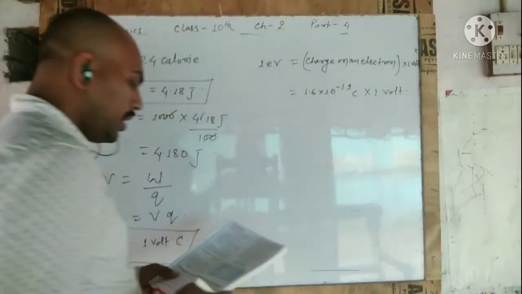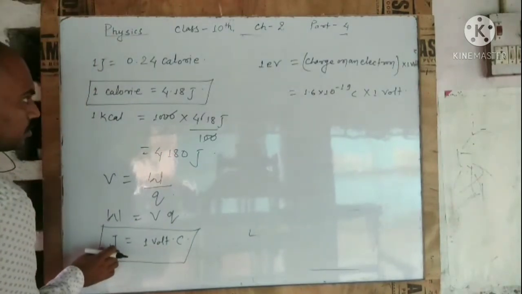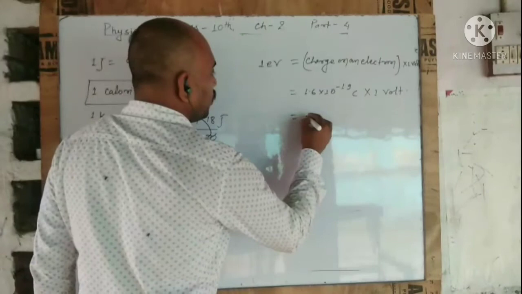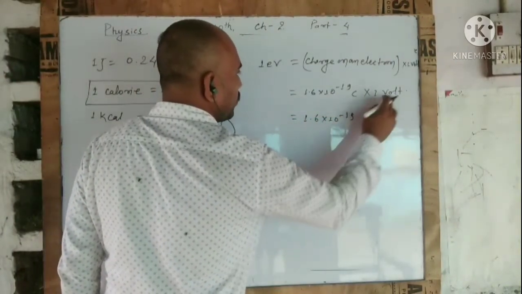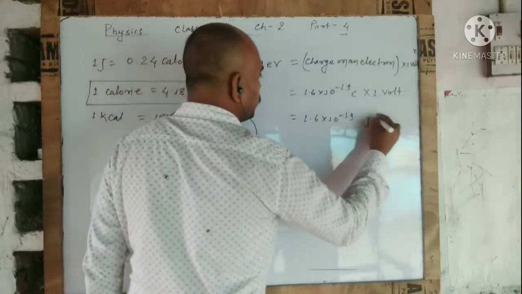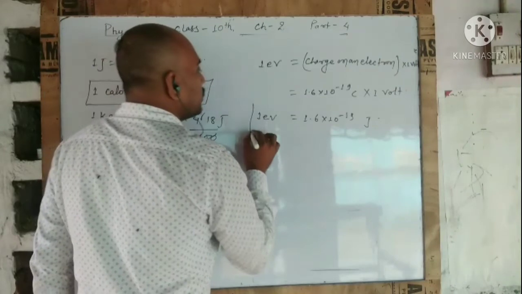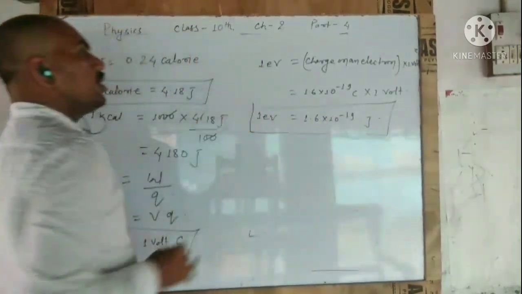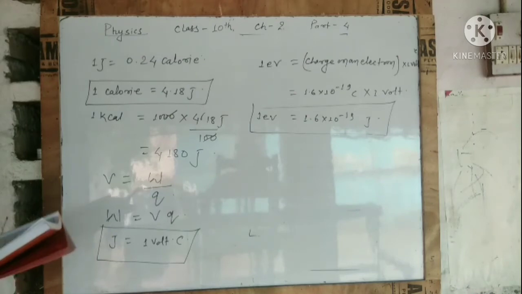Volt into coulomb will become joule. So 1 electron volt is equal to 1.6 into 10 to the power minus 19 joule.